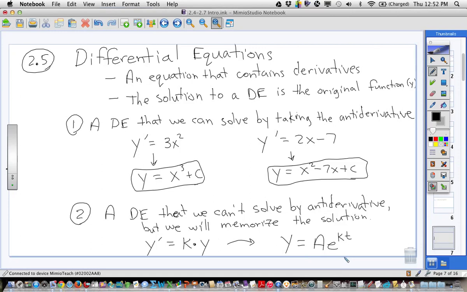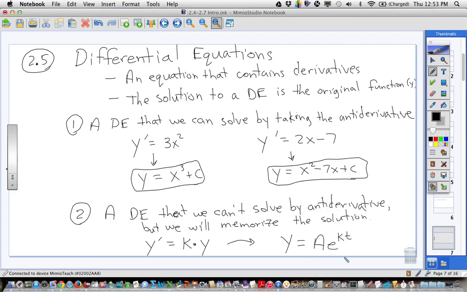This is something you probably talk about in science class, proportionality. In other words, the bigger y gets, the bigger y prime is going to get. Does that make sense? Well, in bank interest, that's what happens. The rate your money grows is proportional to how much money's there. So this describes very neatly what happens with exponential growth: the rate of growth increases as the amount gets bigger.